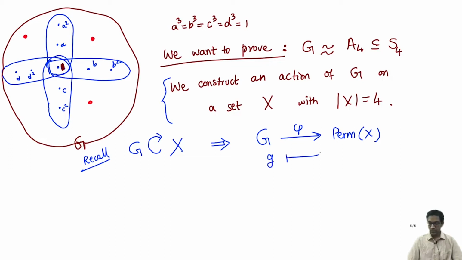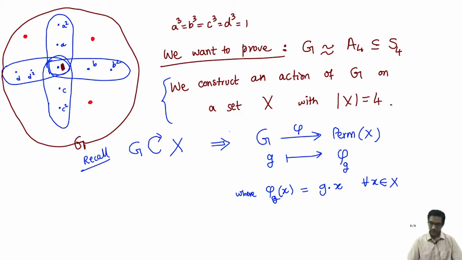Each group element g was mapped to a certain permutation called phi sub g, where phi sub g is a permutation of X defined by phi g of x being g acting on x, for all x in X. Okay. So phi is a group homomorphism.